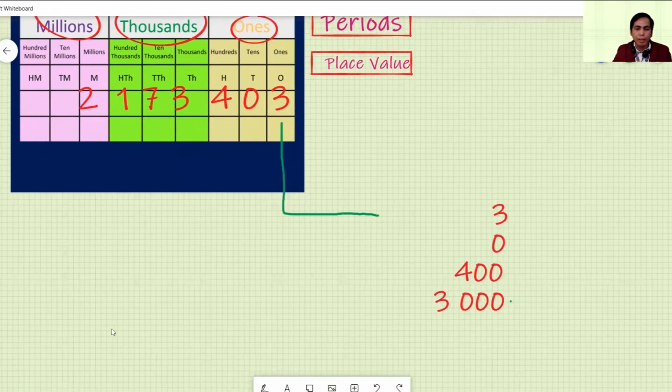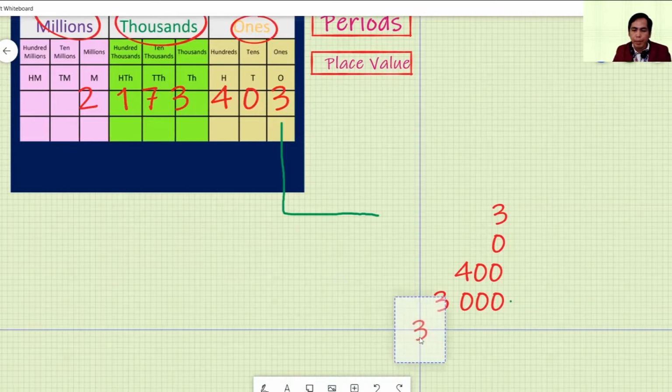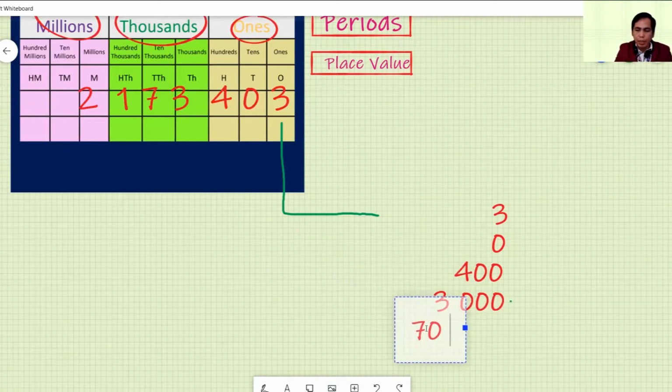While 7 is found in the 10,000s place, or 7 times 10,000, which is equivalent to 70,000. So you have 70,000.